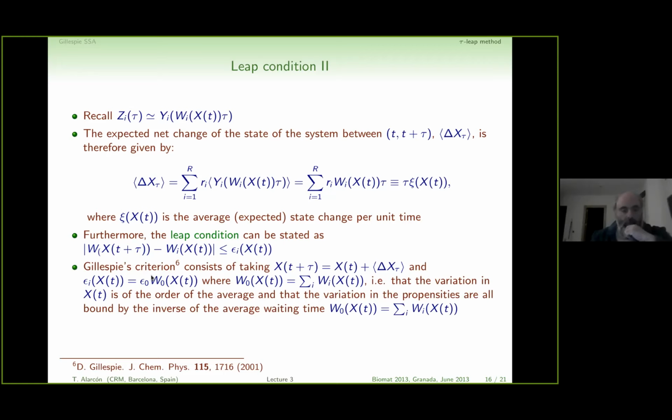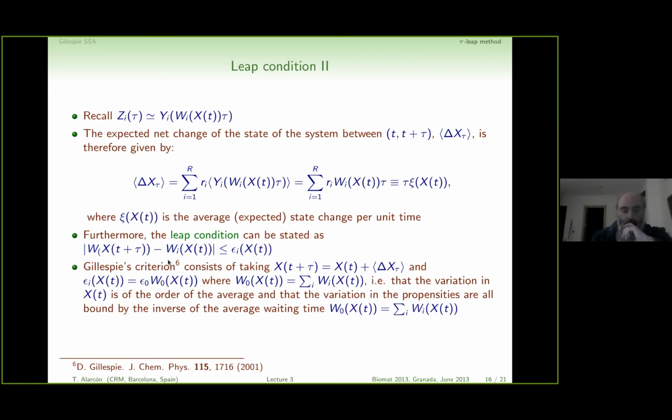So this criterion, Gillespie's criterion, consists of, first of all, considering that this bound, that in principle depends on i, is now something that doesn't depend on i. So the bound is the same for all the rates.